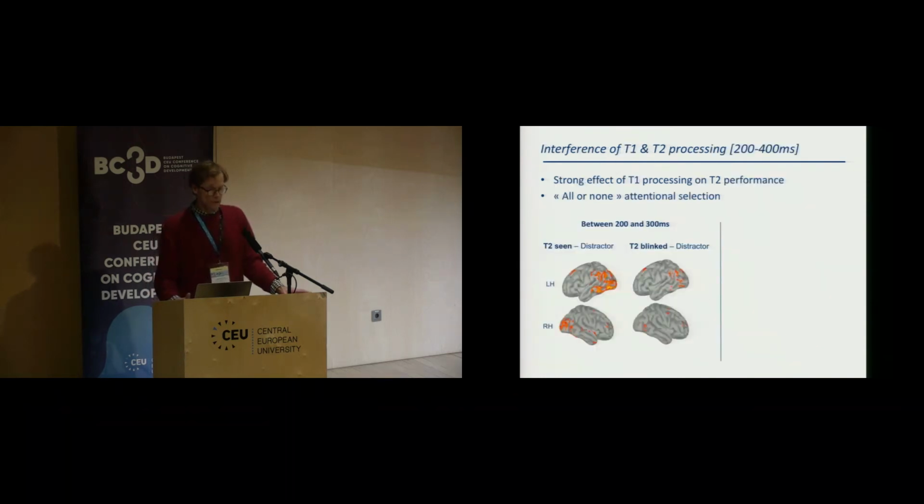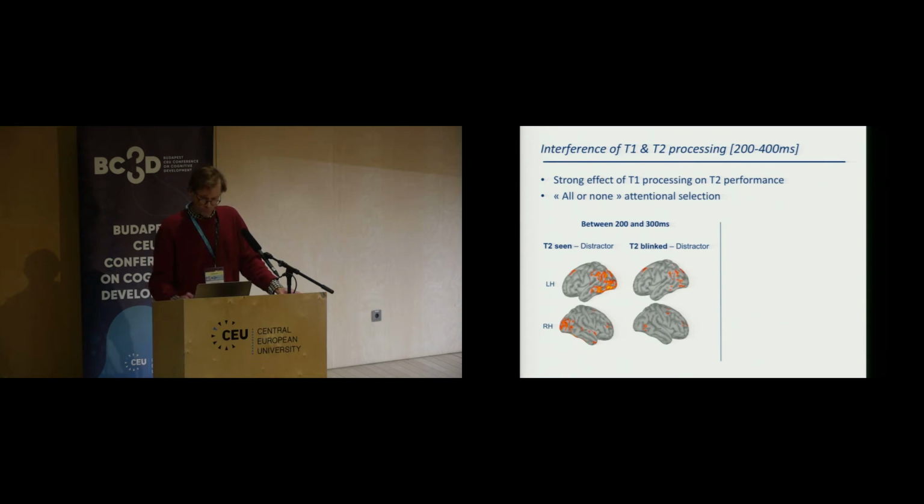Then you have the critical stage, which is the interference between T1 and T2 processing, which lasts approximately the same amount of time. There you see a strong effect of T1 on T2 performance. As you can see here on source reconstruction on the brain, on the left, the activity is much higher than on the right when the trials are blinked, so are missed.